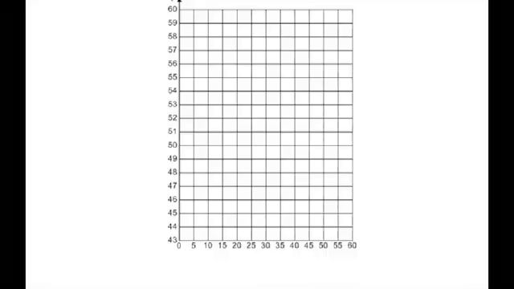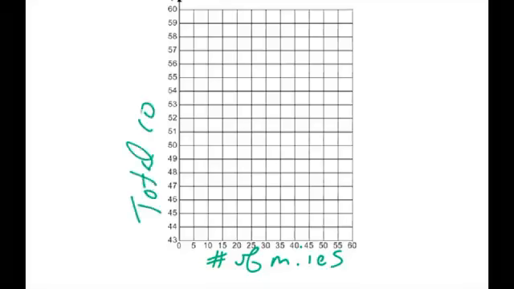Now we want to graph it. Our x-axis is going to be number of miles, and our y-axis is going to be the total cost, in dollars. So we start off at 45, that's the y-intercept, and then we go up 20 cents for every 1 mile.